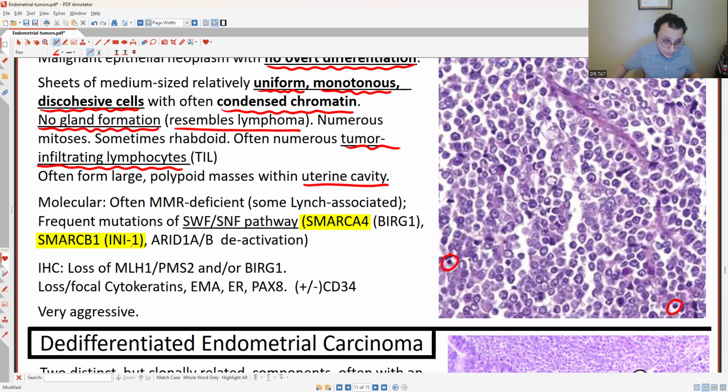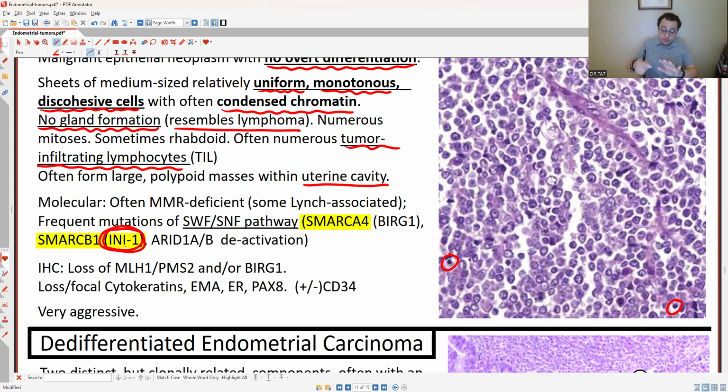It looked like this. It usually shows loss of INI1, which is SMARCB1. SMARCB1 is a very, very common marker and a very common molecular mutation in these kinds of sarcomatoid-appearing discohesive blue cell tumors.